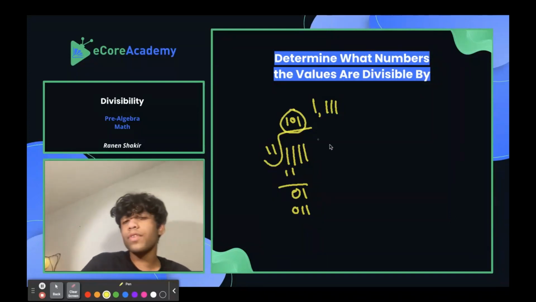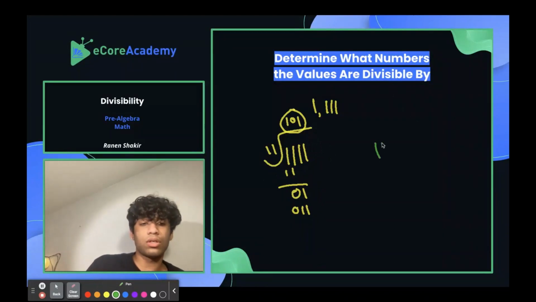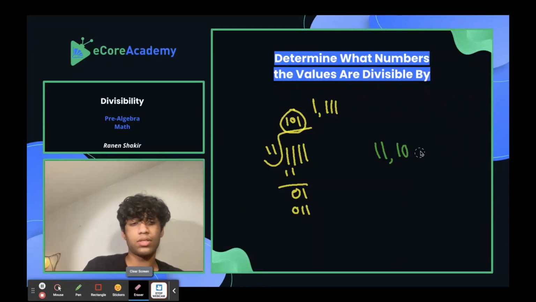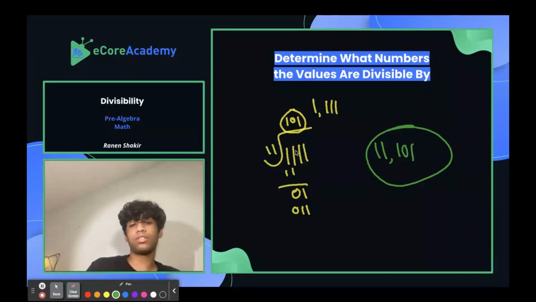So that way, you just found 2 factors of 1,111, which are 11 and 101. If you just divide it, there you go. You could punch in the calculator, you get the same answers.